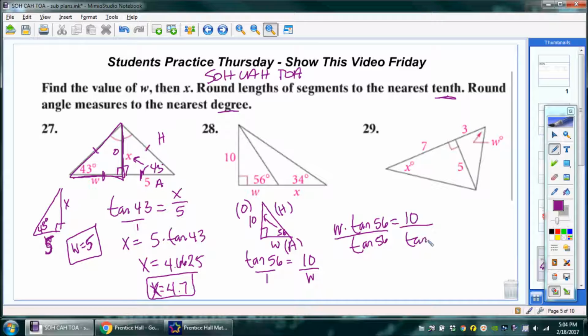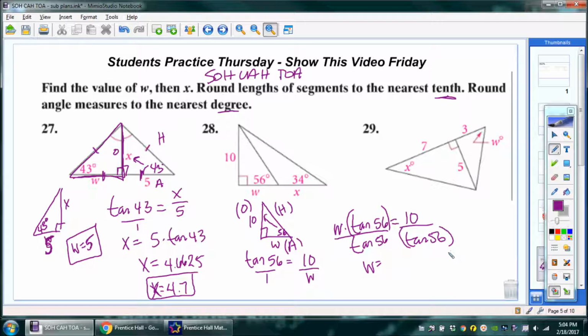Tan of 56 is a team. You can't separate tangent from 56 because when you take tangent of an angle, you can't just take tangent of nothing. So make sure when you're dividing by that whole quantity, tangent of 56. So I'm going to put in my calculator 10 divided by tan of 56.